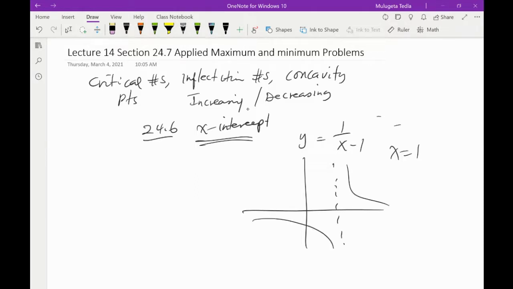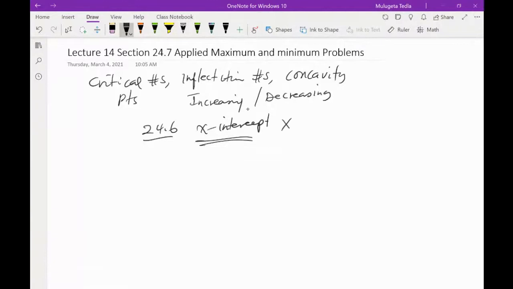The discontinuity, we did them in MTH 128, right? So 24.6 is already included because I already considered x-intercepts for some of the questions.